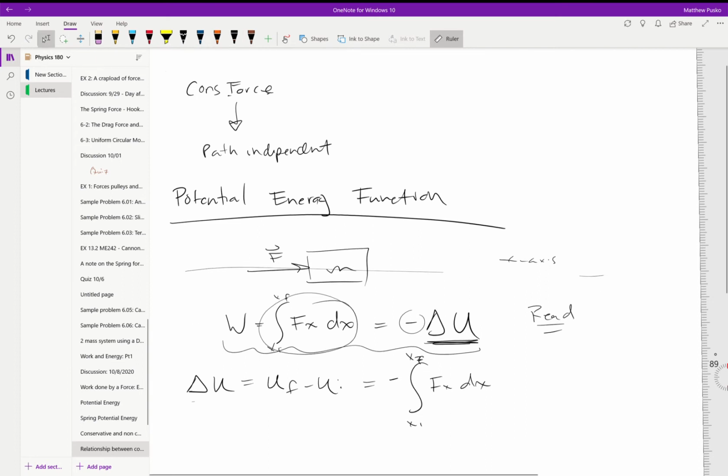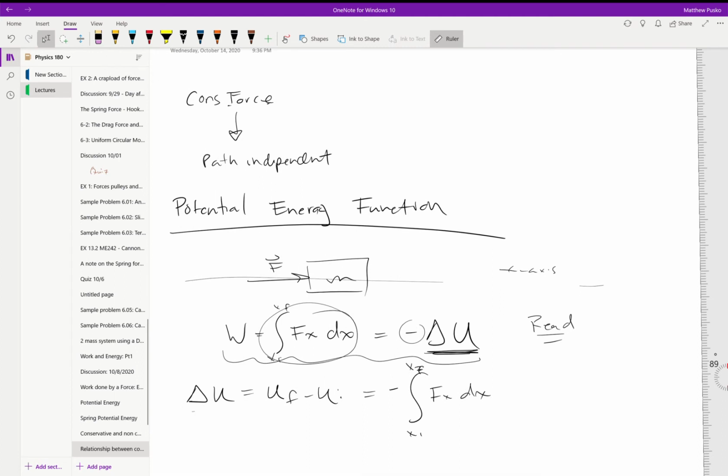What we get from that is that the work done by a conservative force acting between members of a system equals the negative of the change in potential energy associated with that force. Basically, the change in potential energy is negative when the force and the displacement are in the same direction.